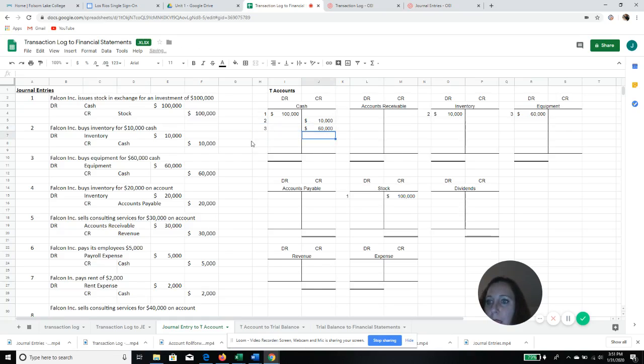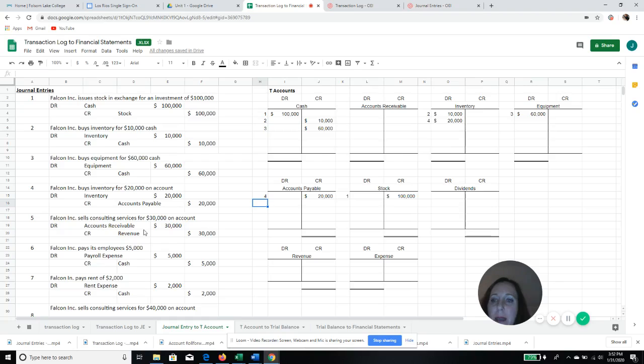Transaction 4, I'm going to debit inventory for 20,000. So I'm going to put transaction 4 and put 20,000 on my debit side. And I credited accounts payable for 20,000. So I'm going to put transaction 4 and put $20,000 under the credit side of my accounts payable T account.